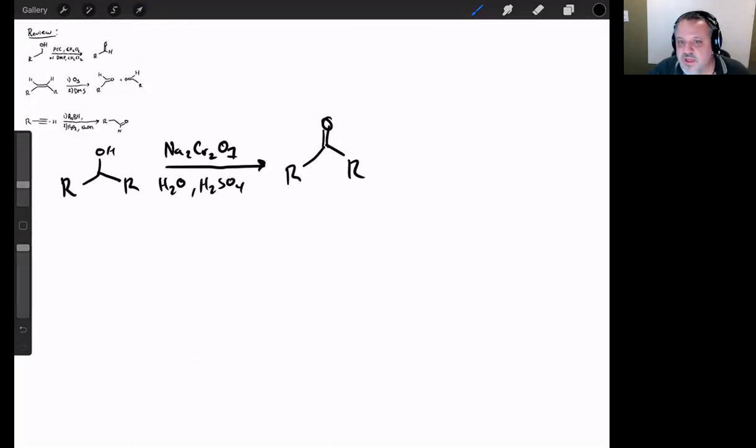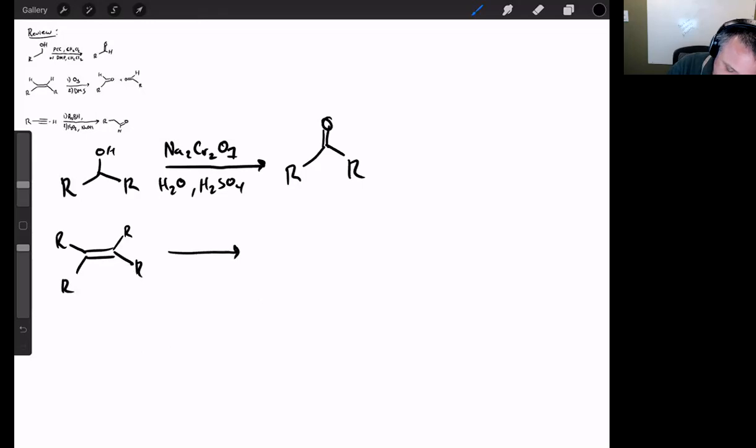This one is just fine. That'll work as well. Like I said before, we can do oxidative cleavage of an alkene, but it has to be disubstituted on the right side as well. But this oxidation, O3 and DMS, will also get a ketone.